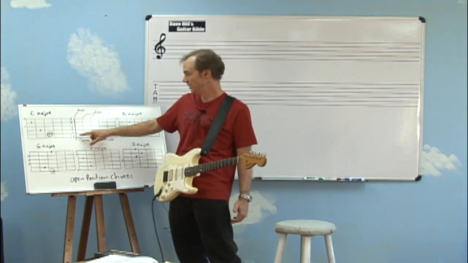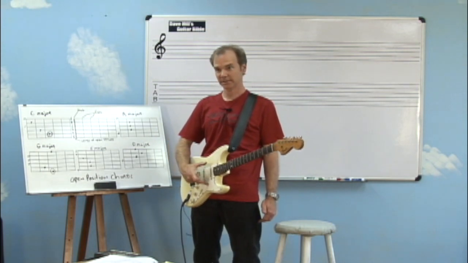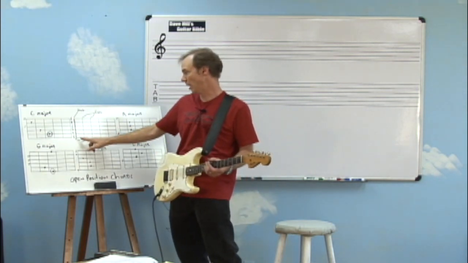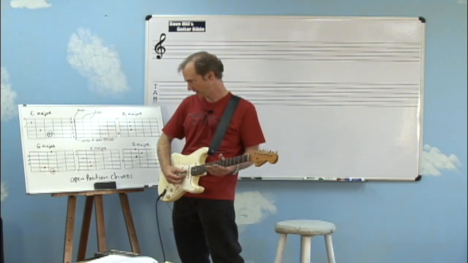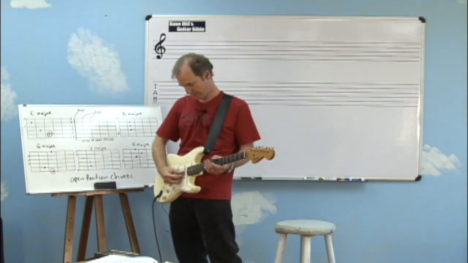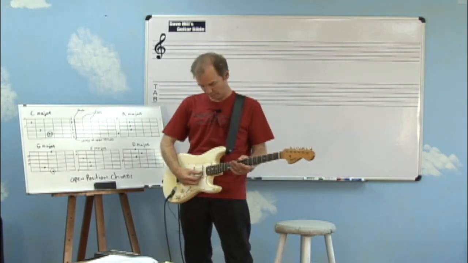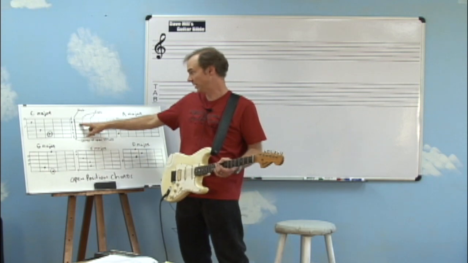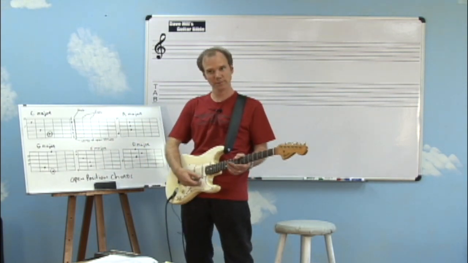So you have E's on either edge of the guitar neck here. Then as we go up from the 6th string, the low E, we go to the A string here. We go to the open D string here, the 4th string. We go to the 3rd string, the open G string. The 2nd string is the open B string. And then once again, the high E is the 1st string.